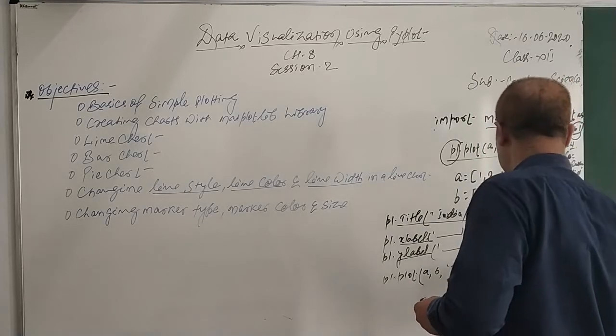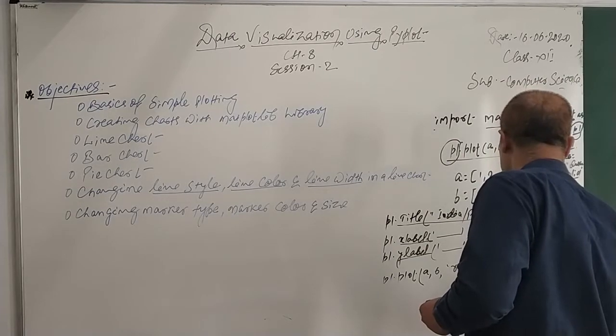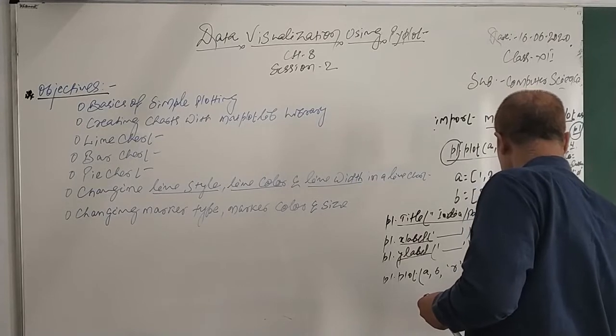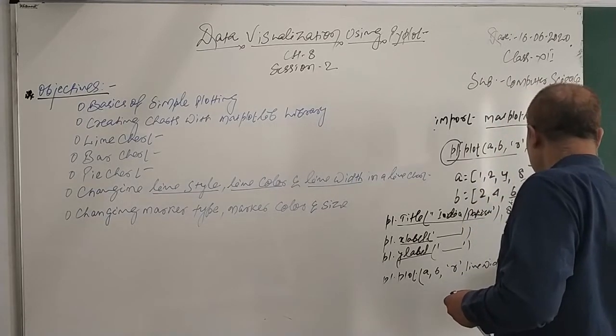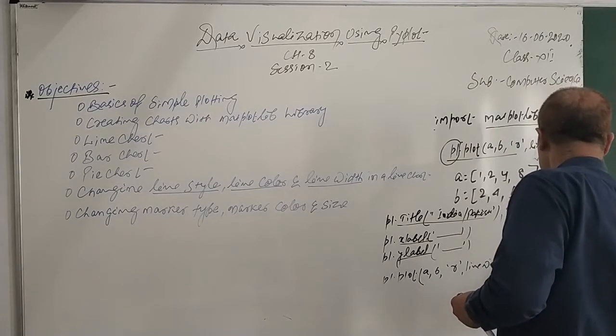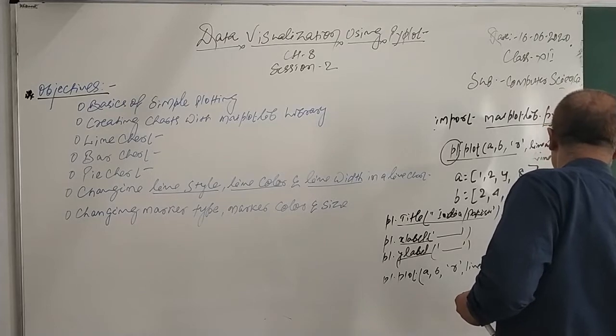If you want the line width you can mention the line width equal to whatever value you want, and then we have a comma, then line style you can mention equal to, suppose, solid.